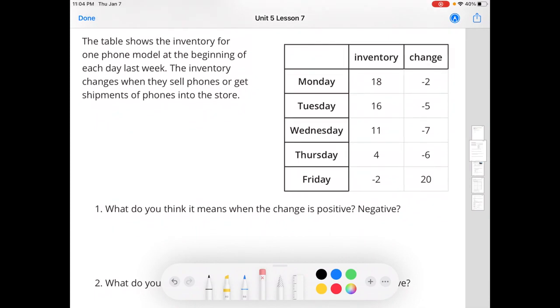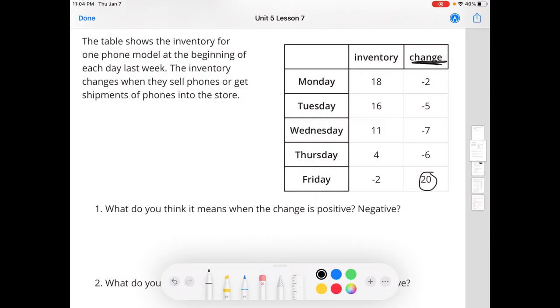What do you think it means when the change is positive? So the values in this column, if it is a positive number, what would that mean?